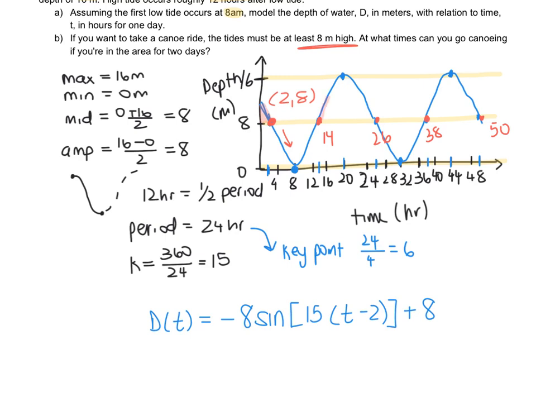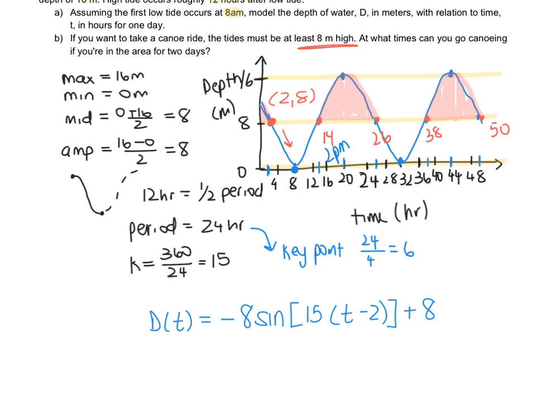But then after 2 p.m., here we are again. This whole section is perfect for canoeing. And then from 38 to 50 is also perfect. So we just have to turn these times into our AM, PM versions, and then we can write our statement. So that 14 hours means 2 p.m.